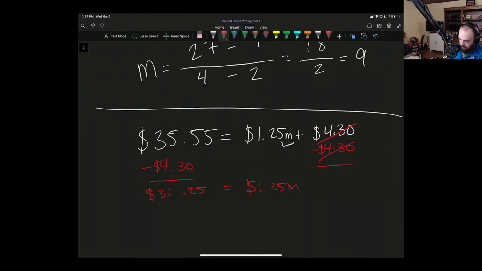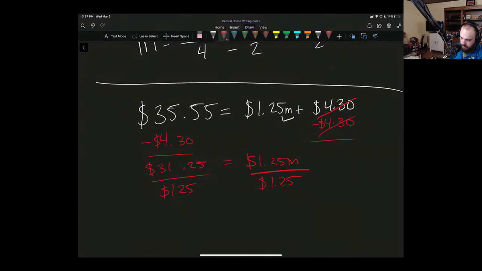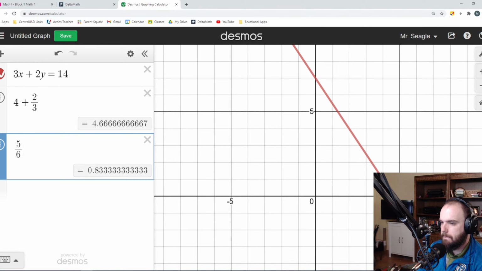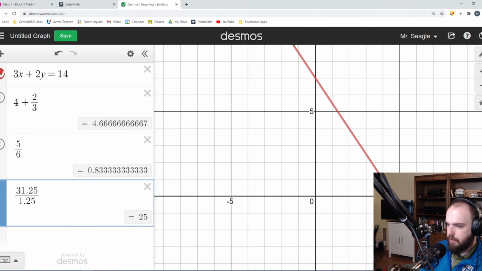All right, so from here, we need to get rid of that 1.25, so we're going to divide. We got 31.25, and I'm going to cheat and use my calculator here. It's the end of the day, so my brain is starting to get fried. Divided by 1.25, so it's going to be 25, right?